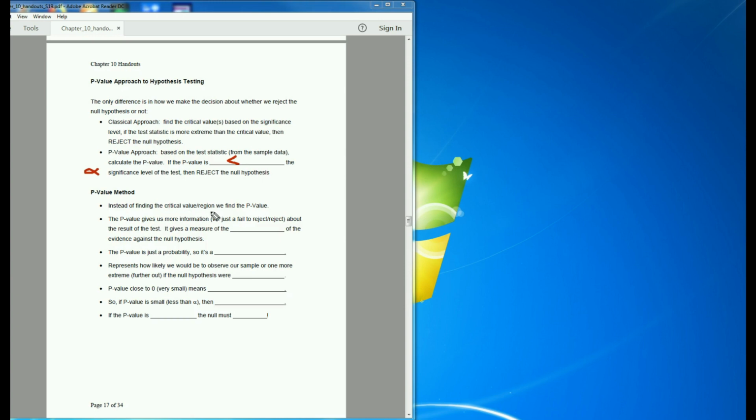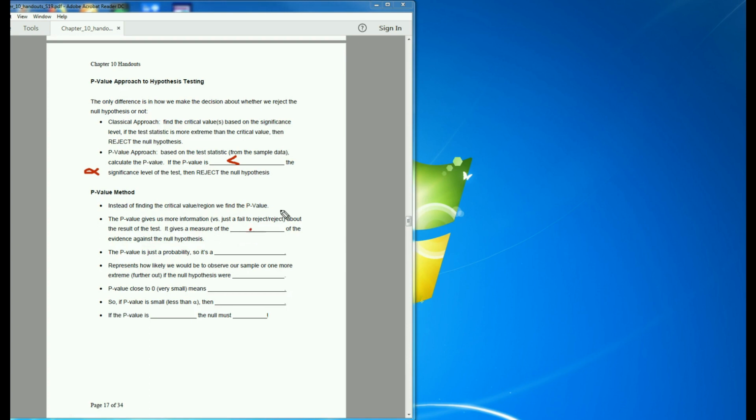With the critical value and critical region method, the classical approach, it's basically either you reject or you don't. Okay? The p-value gives us a little more information about the result of the test.